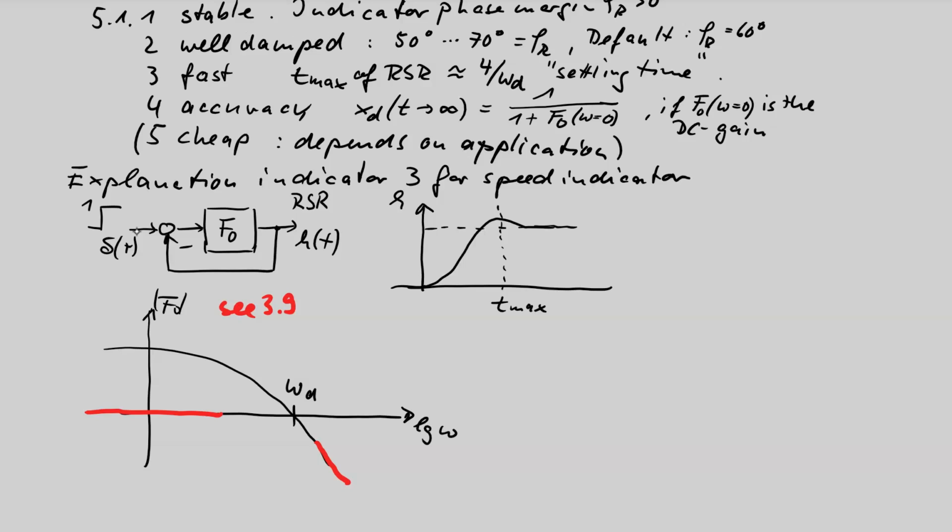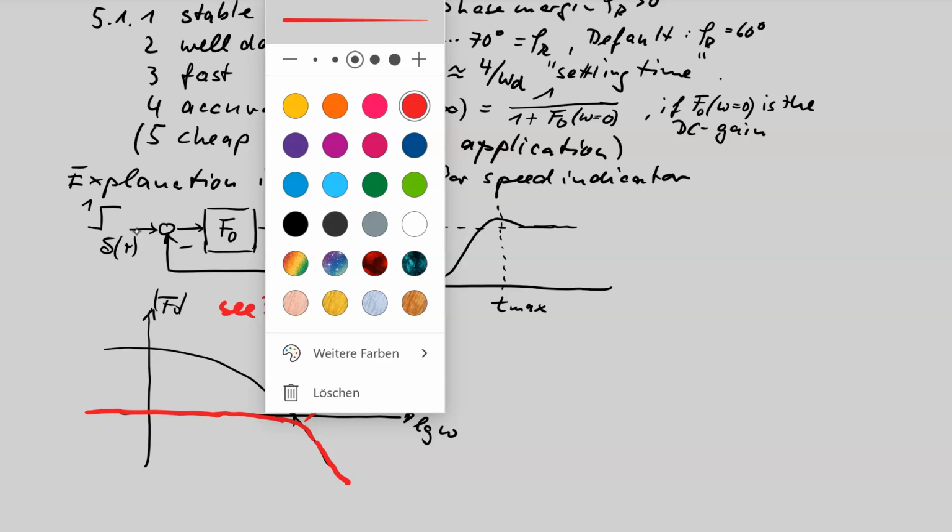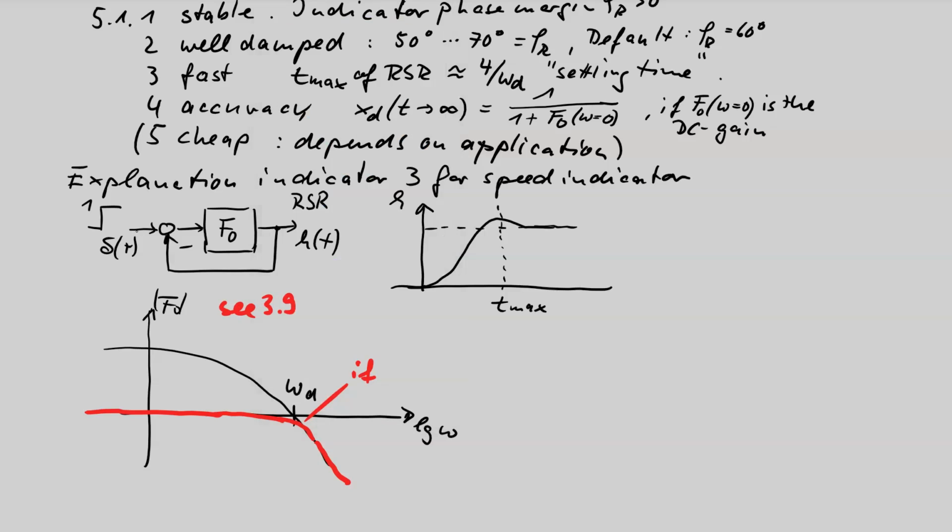If we assume that we have a well-damped system, then closed loop systems with well-damping work like this. So there is no resonant effect. Now, if there is a resonant effect, of course, then number 2 is not true.